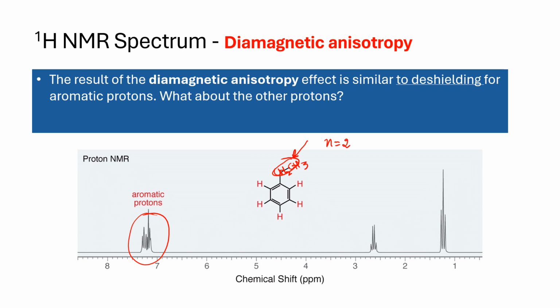By the n plus 1 rule, this is the triplet, right? And now the methylene, which is this, is looking at 3 neighbors, so n equal 3. That's why it is a quartet. And that's a typical ethyl pattern.